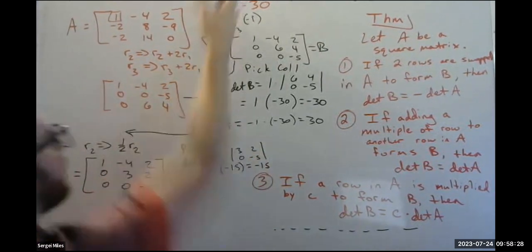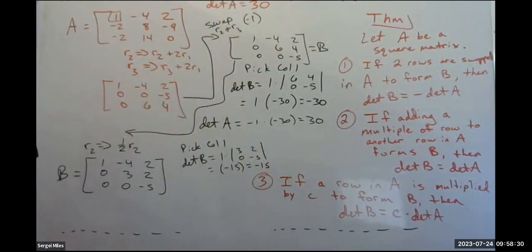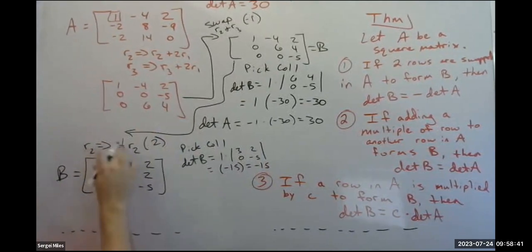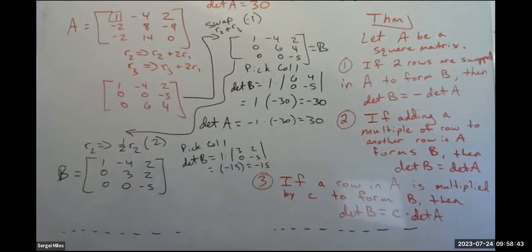But that's half of the original. So when you reduce a matrix and you scale a row, you have to multiply that factor back in, because when you take it by a half, you're making the determinant smaller by a half. So to get the original determinant, you have to multiply that 2 back in.